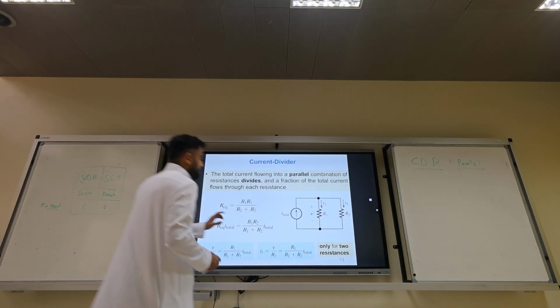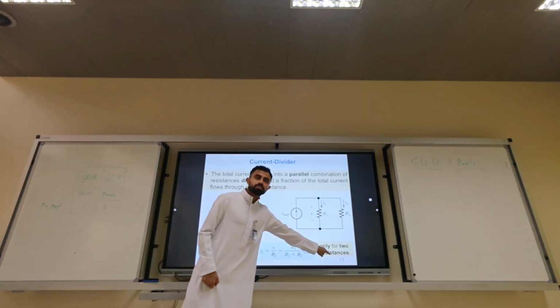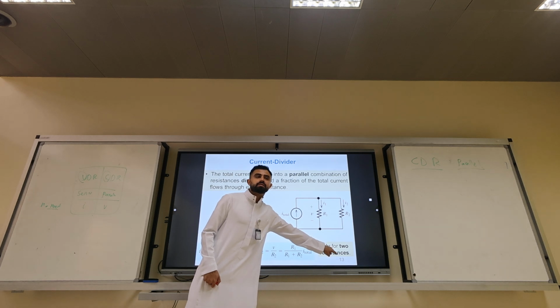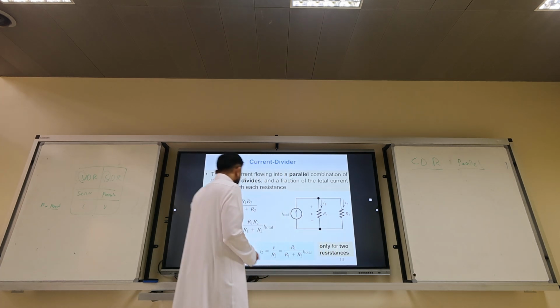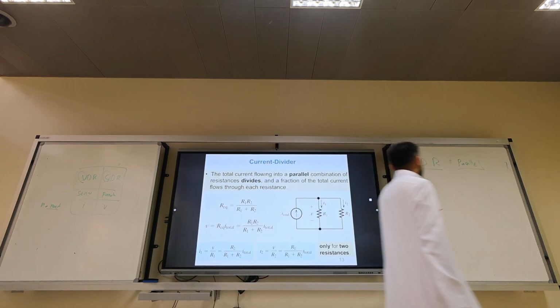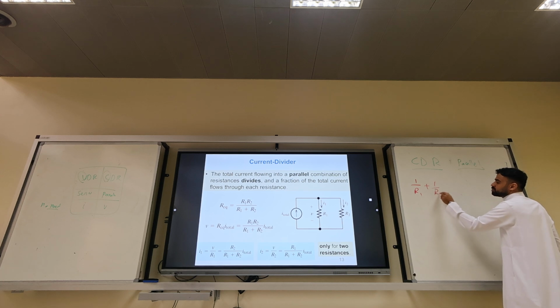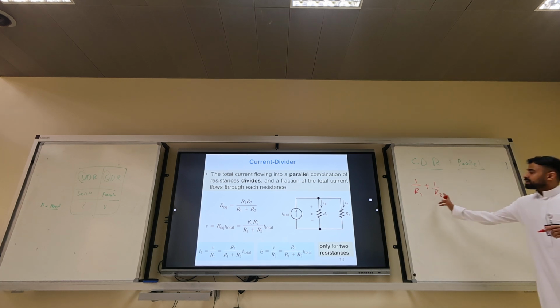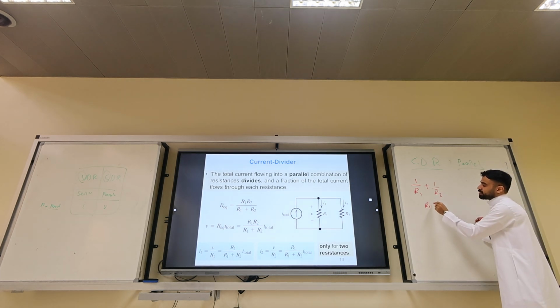In this slide, this equation is only applicable for two resistances. Why? Because if you have 1 over R1 plus 1 over R2, and you unify the denominators, it is equivalent to R1 R2 over R1 plus R2.